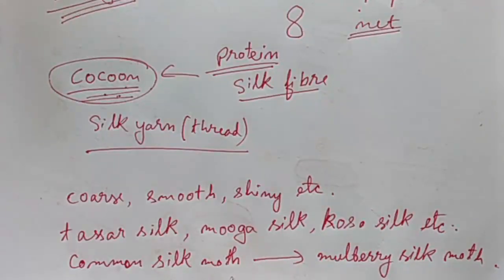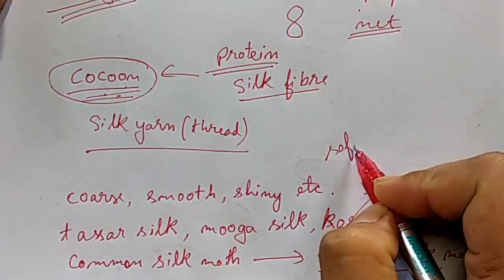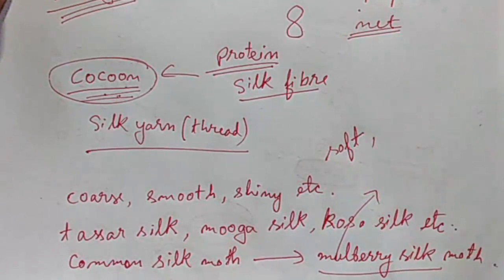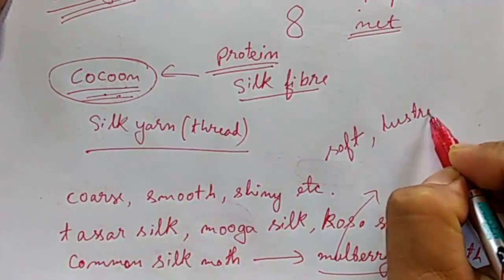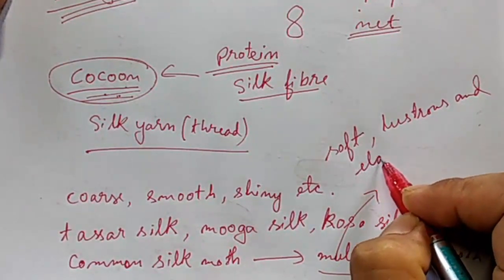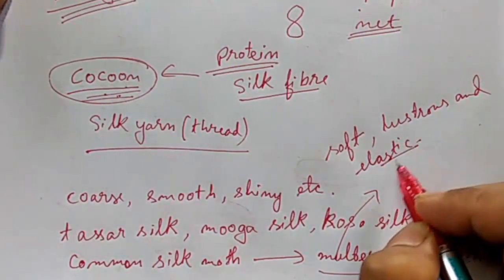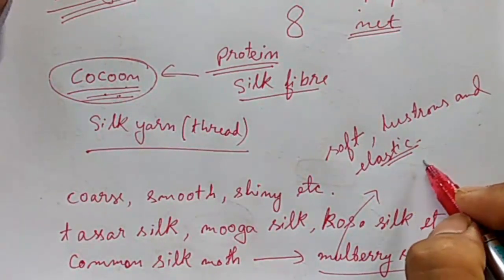The silk fiber from the cocoons of this moth is soft, lustrous, and elastic. And moreover, it can be dyed in different colors.